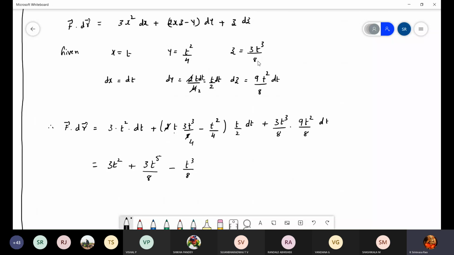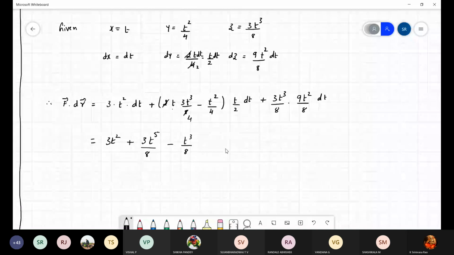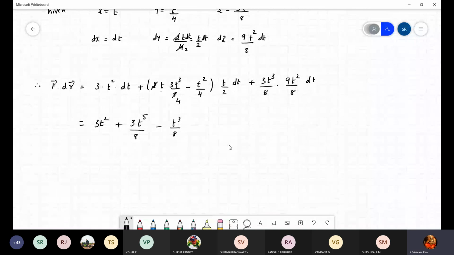Yes, I substituted the same. Here 2 and 8 I can cancel by 4, and then t by 2 is there outside, that I am multiplying with the 4 to the 8. Is there any mistake?